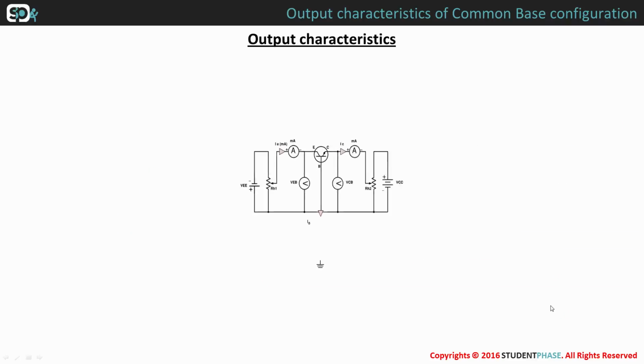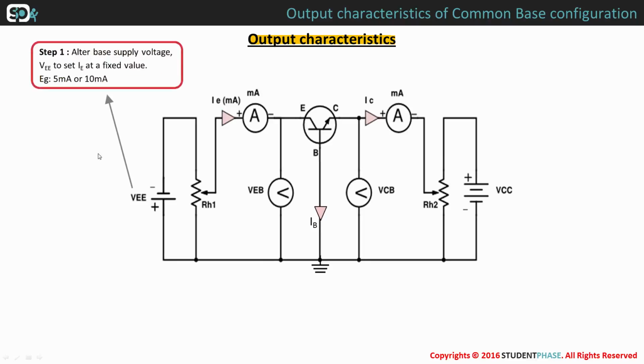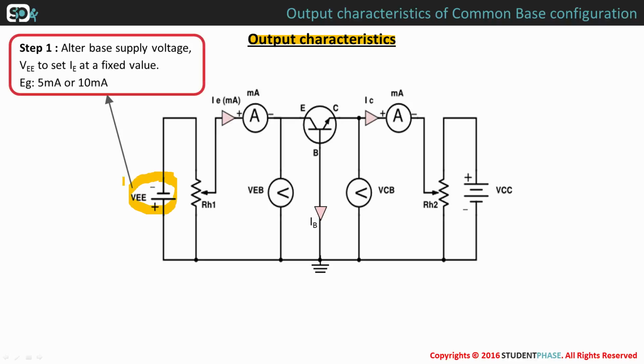Now let's move on to the output characteristics of CB configuration. To obtain this, there are certain procedures. Alter emitter supply voltage VEE to set emitter current IE at a fixed value, say 5 milliamp or 10 milliamp.